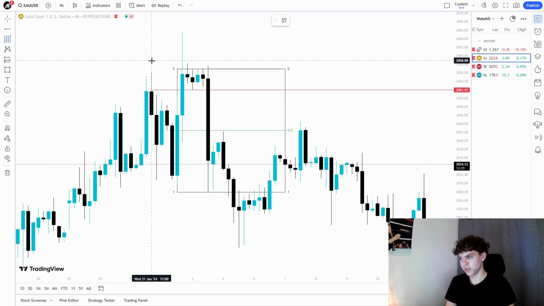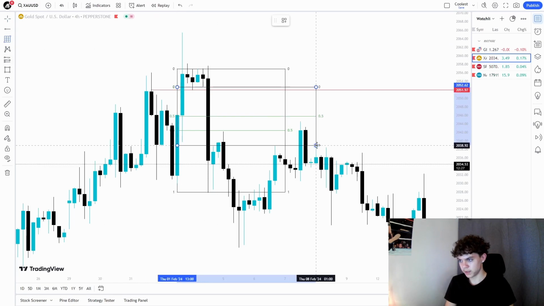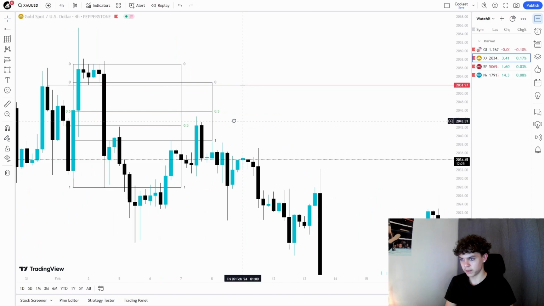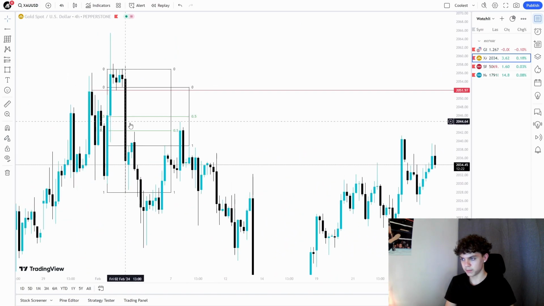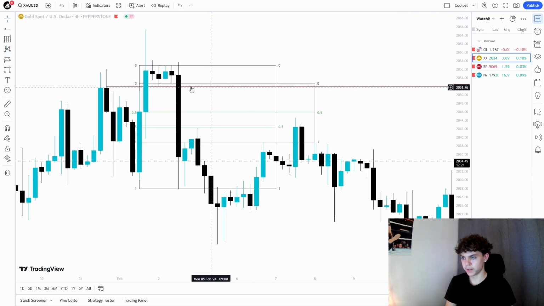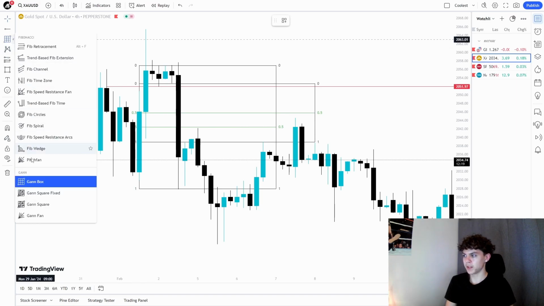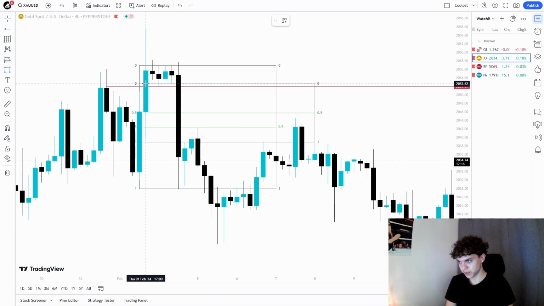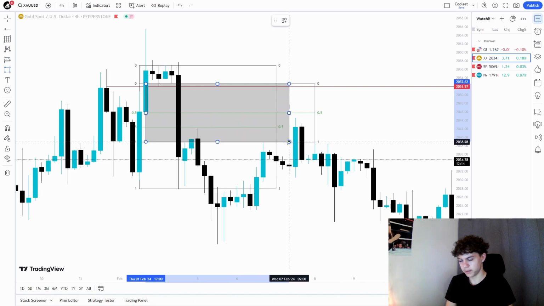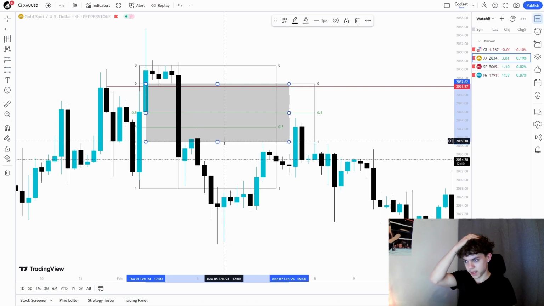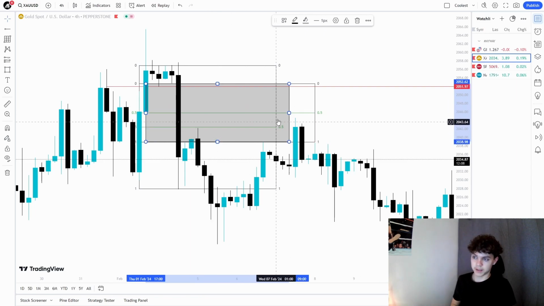But what also is here is this imbalance right here that doesn't completely get filled. But you gotta remember that the imbalance doesn't always need to fill that much, because there are orders in there. So they take most of it. And as you can see, it gets somehow filled.